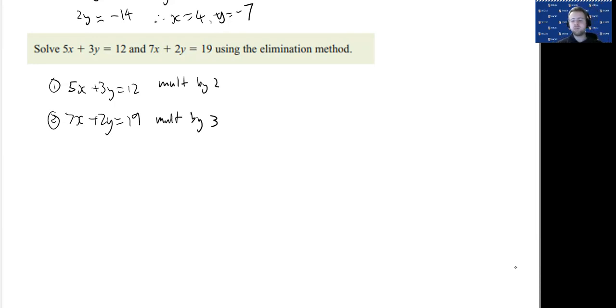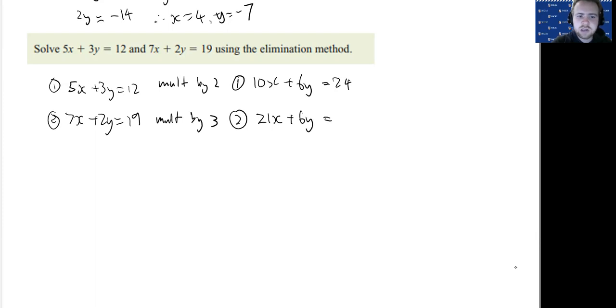And the reason why I'm doing that is because I want those y's, again, to match up so that they have a similar coefficient. So I'm going to rewrite equation 1 as 10x plus 6y equals 24. Then I'm going to rewrite equation 2 as 21x plus 6y equals, so 30, 57.